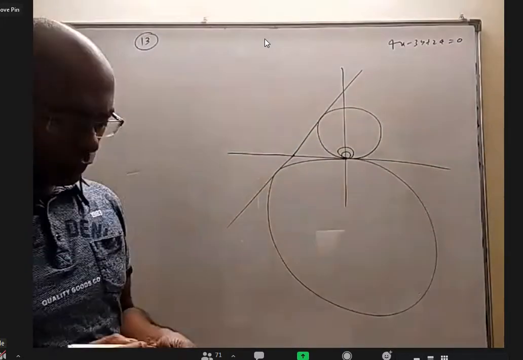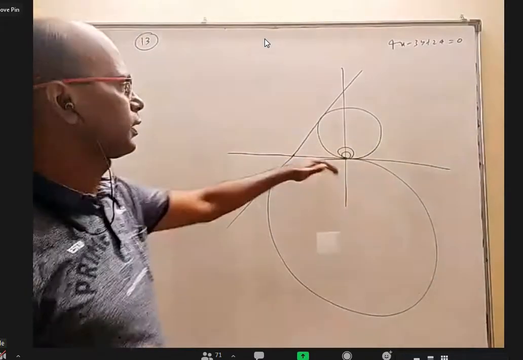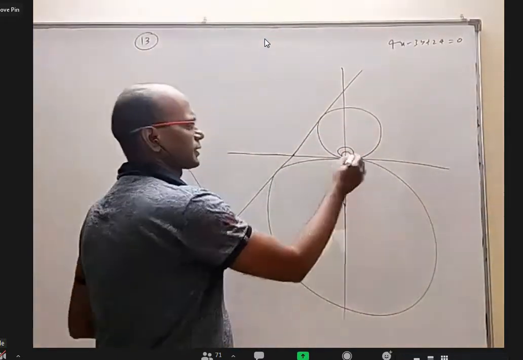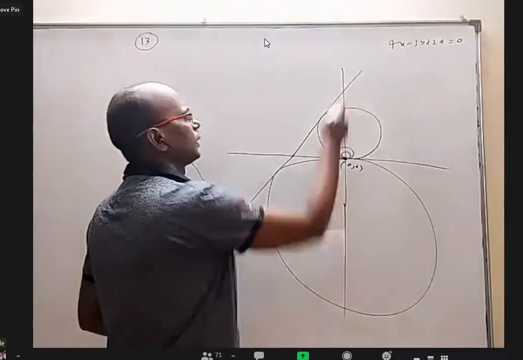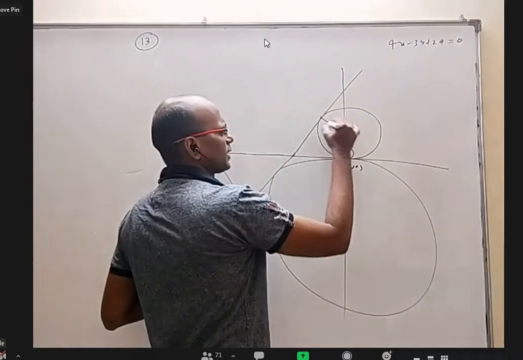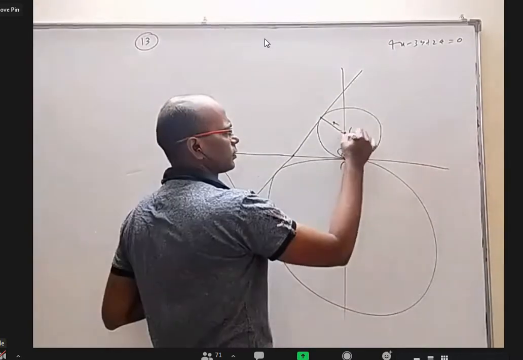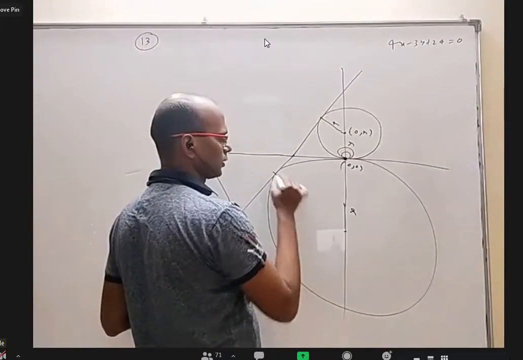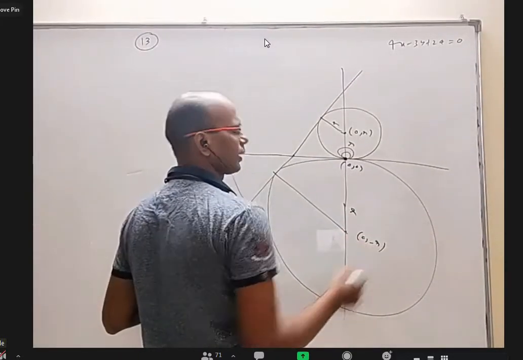So you can easily visualize that there are 2 circles, one above x-axis and one below x-axis. Both are touching x-axis at origin and touching this line. If we take radius r, the center will be 0, r. And here if you take radius r, that will be 0, minus r.